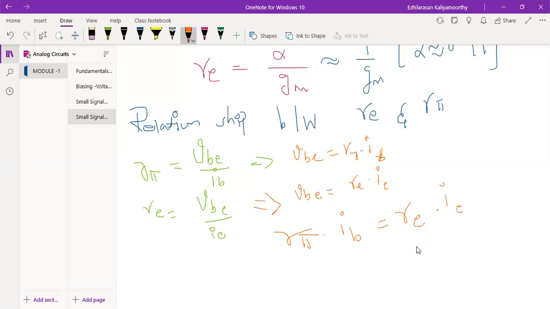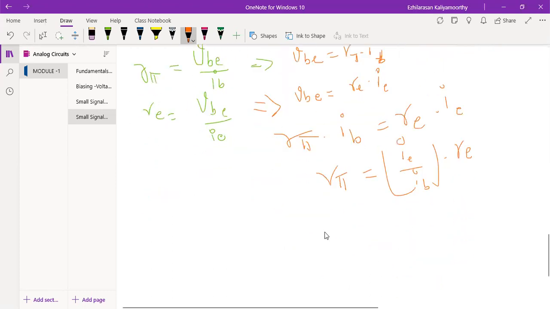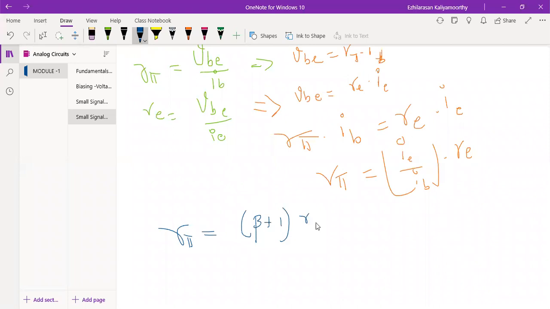Equating these two, I get R pi is equal to IE by IB into RE. So again from this, I can say R pi is equal to beta plus 1 into RE.